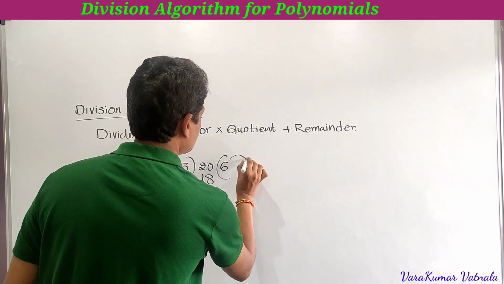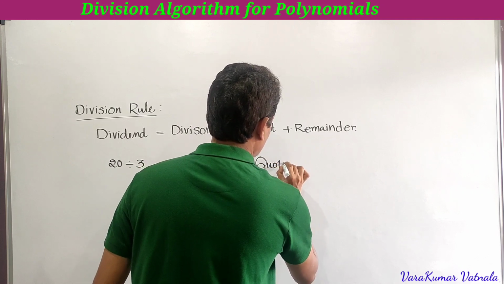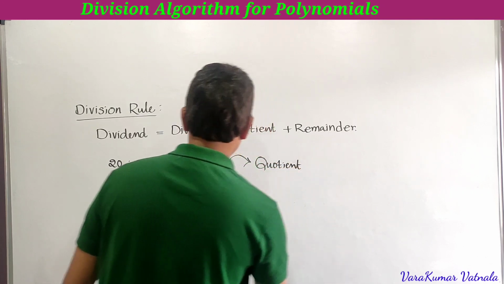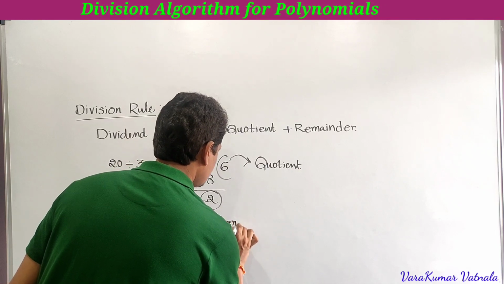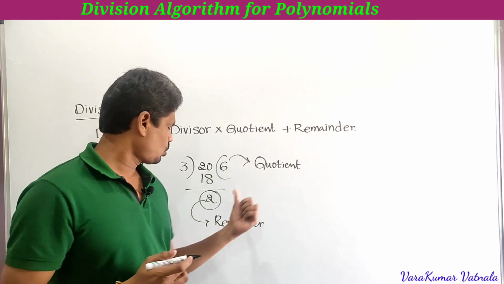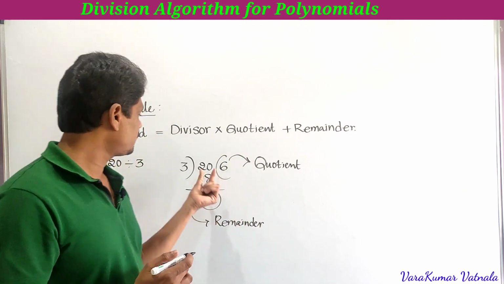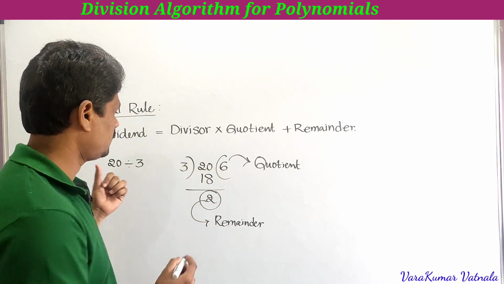Here this 6 is known as the quotient, and this 2 is known as the remainder.